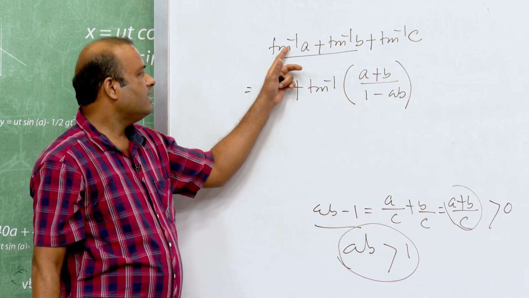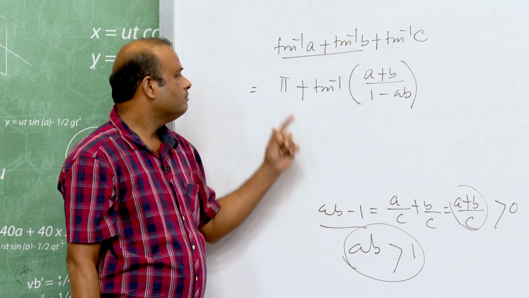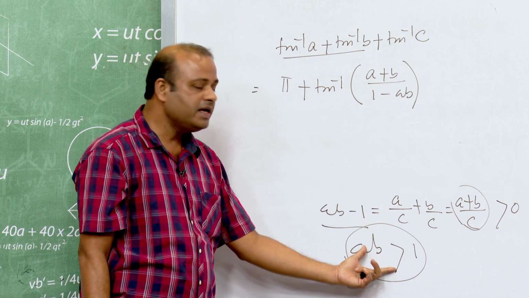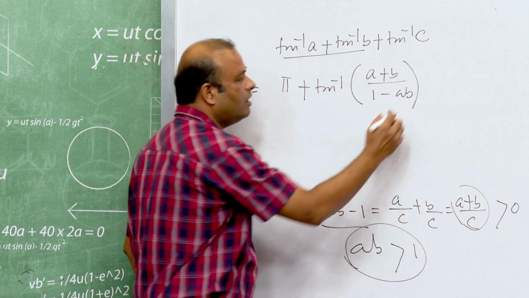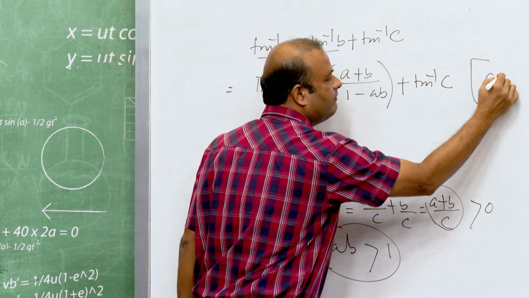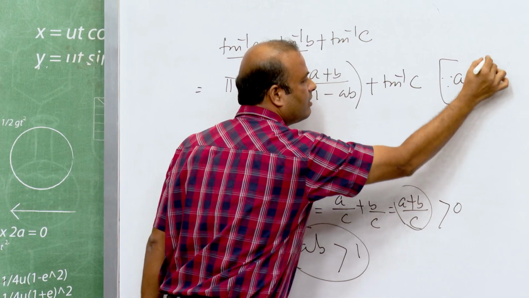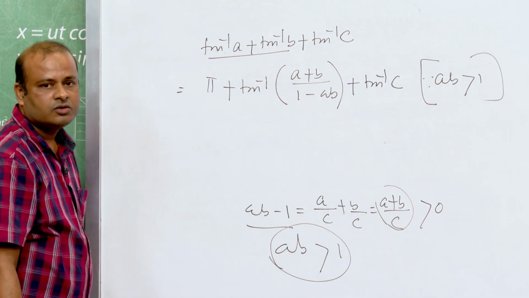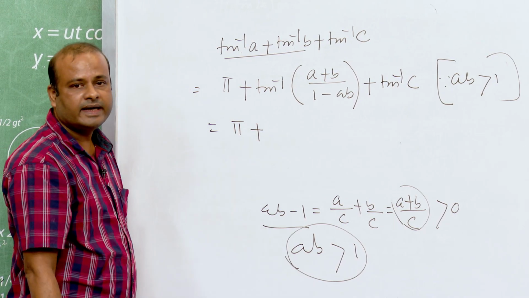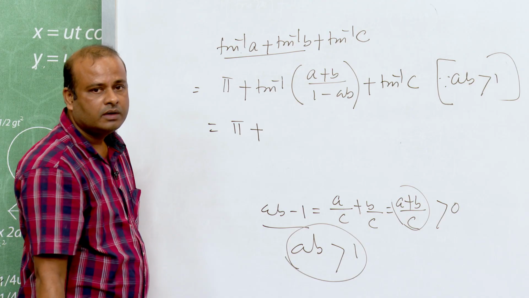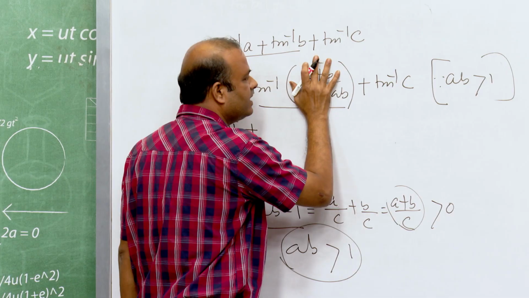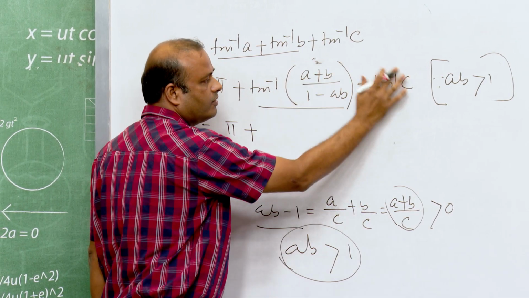Here tan inverse A plus tan inverse B is pi plus tan inverse (A plus B) by (1 minus AB), because AB is greater than 1. So here for tan inverse C, the region is AB greater than 1, right? So now pi plus, again use this one, tan inverse x plus tan inverse y, take this one as x and this one as y, and use the formula.